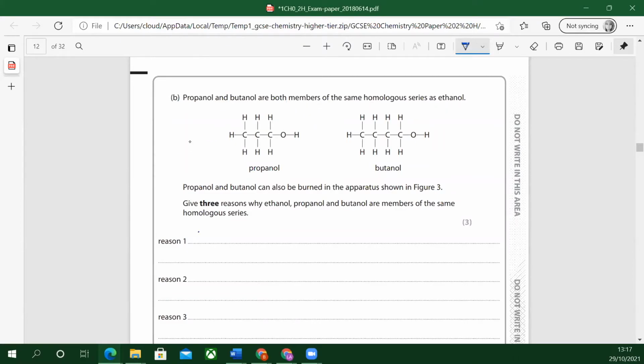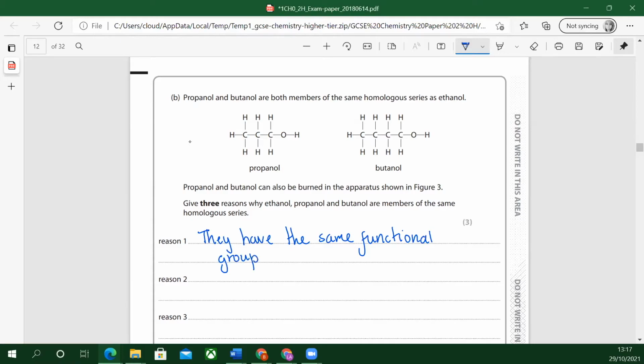That makes them what group they are. Functional means a bit that does something. So it's OH. Okay, that group.